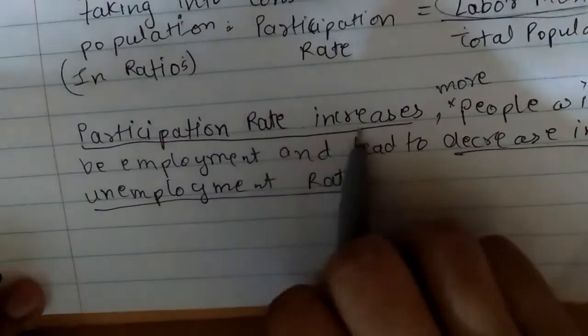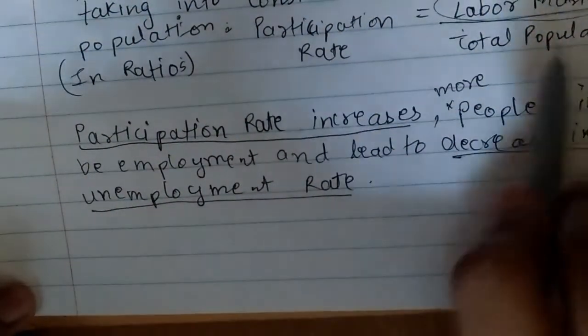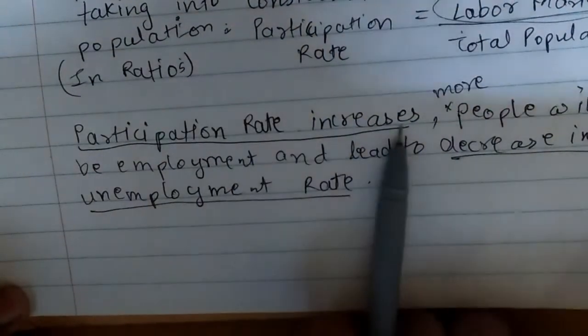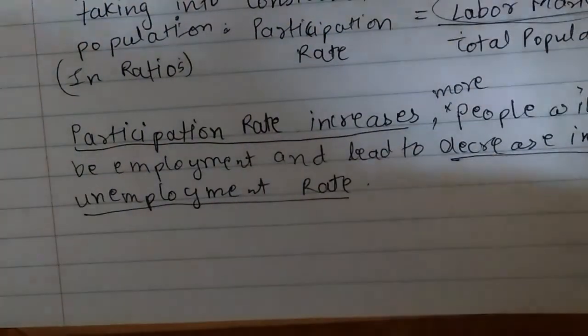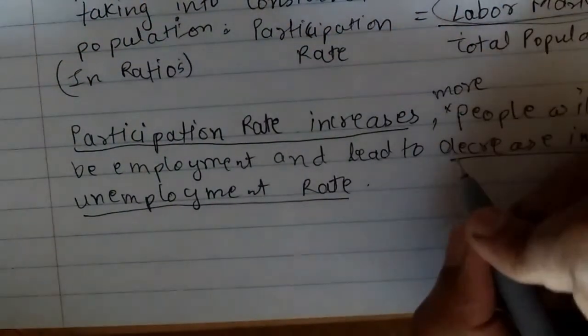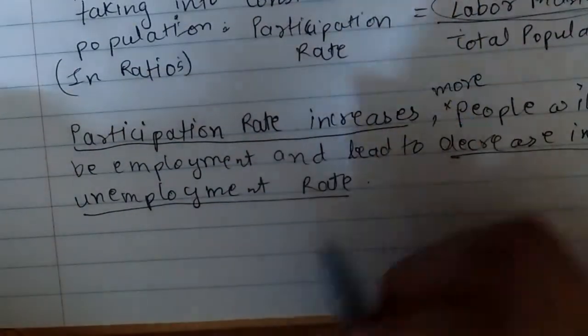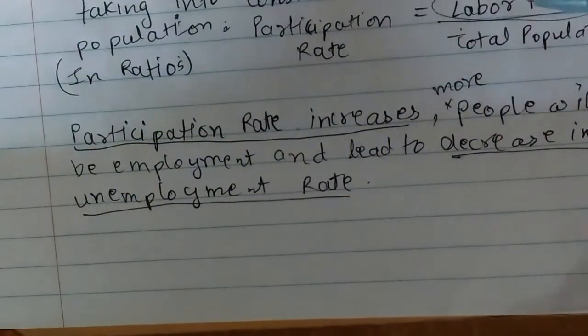Similarly, when the participation rate decreases, considering the total population, it is more likely that people in the population are unemployed, discouraged, have given up on searching for a job, and are not in the labor market.